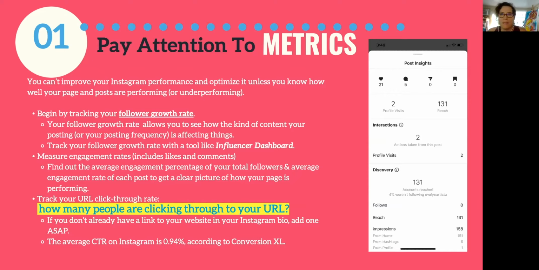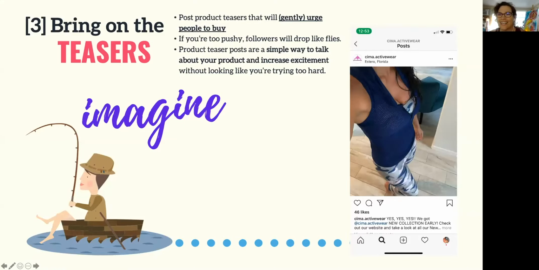And that allows them to then click through to your information. So the average click-through rate is 0.94%. So if you're getting any click-throughs, this is a good thing. Increases in that is always positive. Any questions so far? No.